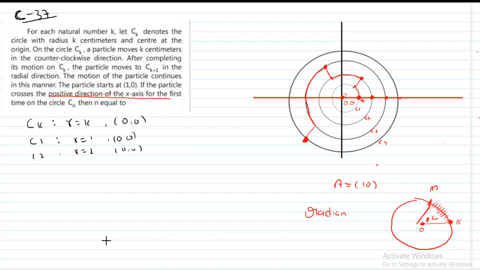That is the definition of radian. Radian is the measurement of an angle made by an arc of a circle at its center whose length is equal to the radius of the circle. Means if MK is equal to the radius of the circle, then this angle is called 1 radian. For example, this is r, this is r, this is r, then you can say this is 1 radian.